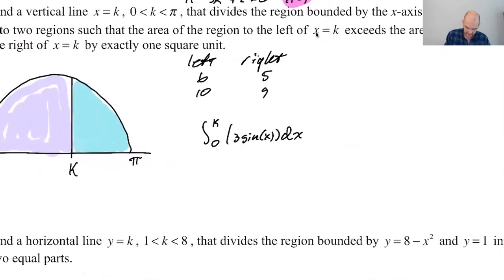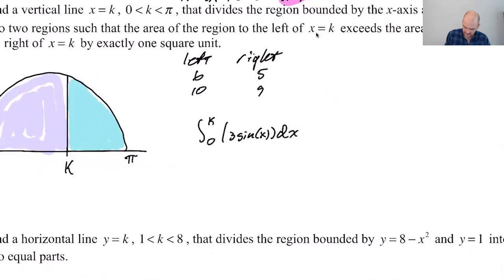And then I'm going to write another integral. That's the area to the left. The area to the right is going to be from k to pi of 3 sine of x dx.